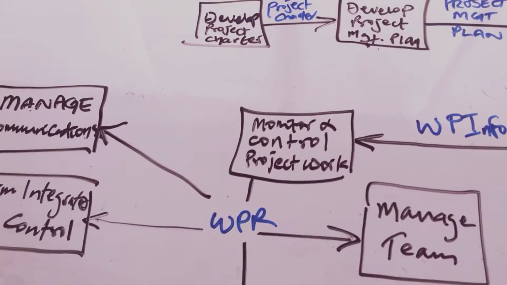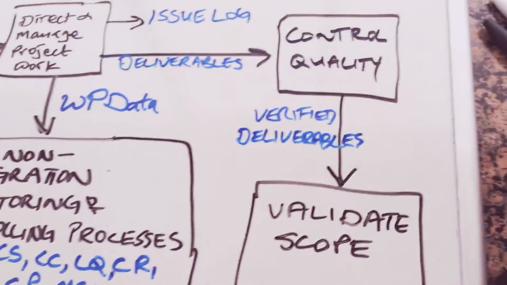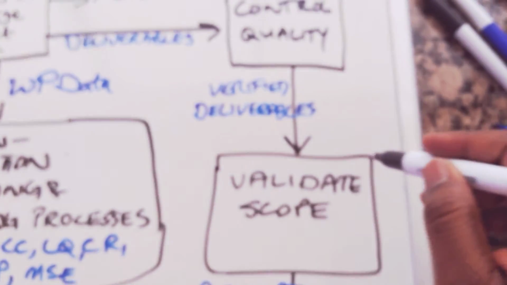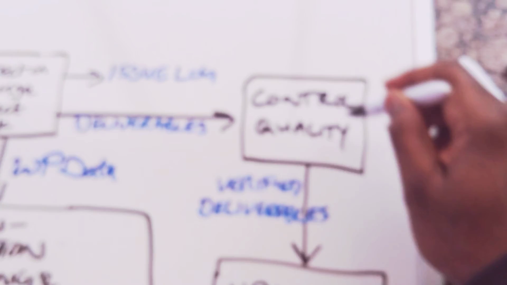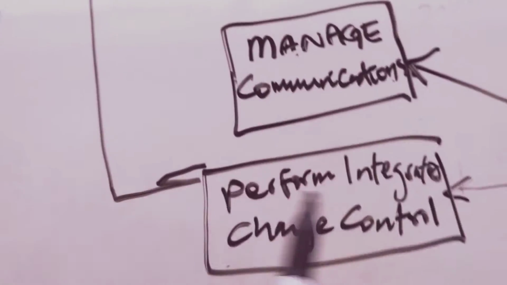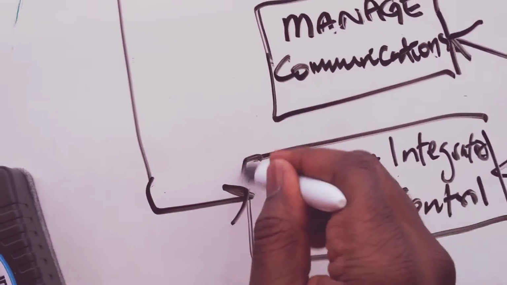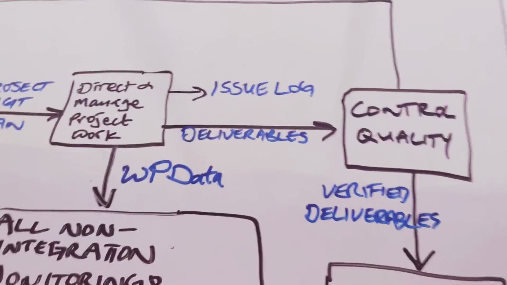It's going to be a bit of a long flow, but you see this right here? Control quality, validate scope. I could show you a very long line going into perform integrated change control. You see that? It's coming all the way from here, control quality.